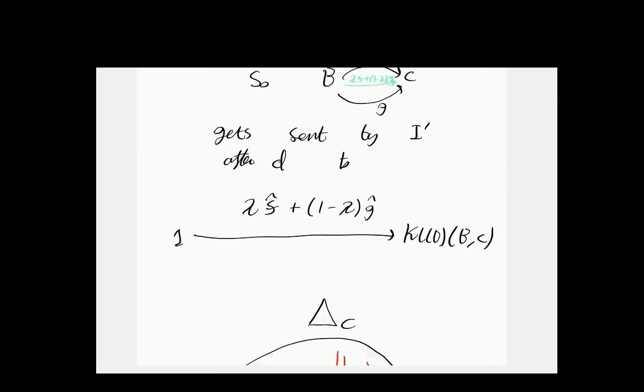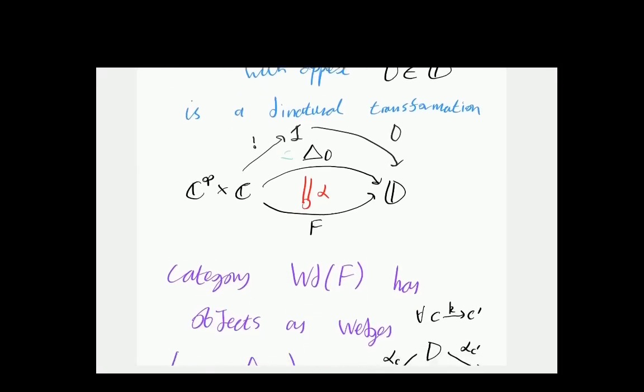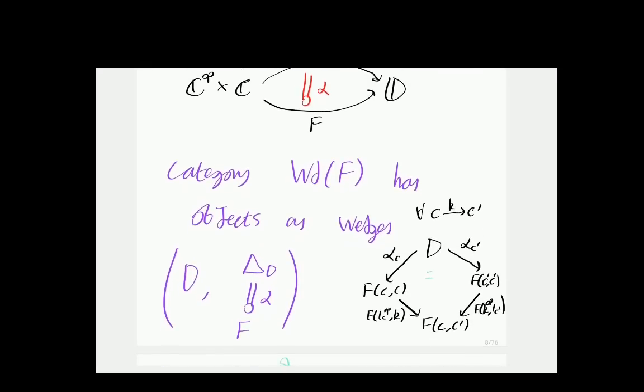So we can be more explicit then about what a wedge is. We don't even need to refer to dinatural transformations. We can just define what a wedge is directly, and we can just say, well, a wedge just means that for every object C, we have an arrow from D to F of C, C, like this.